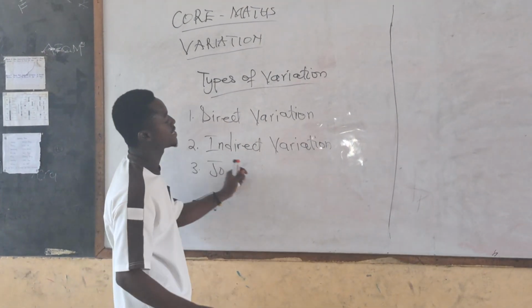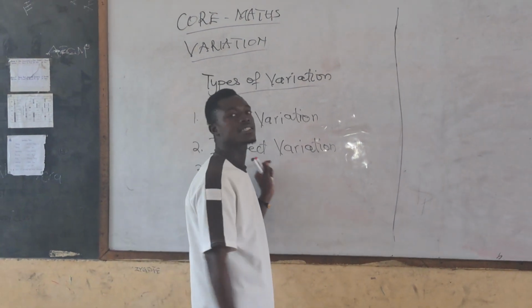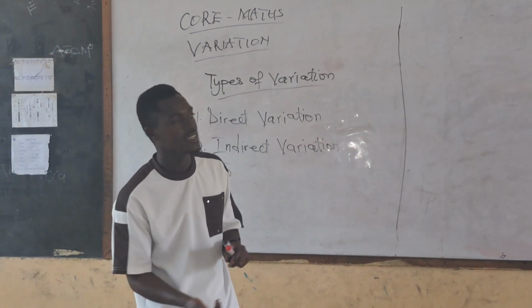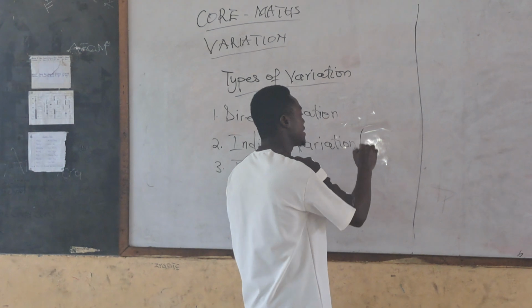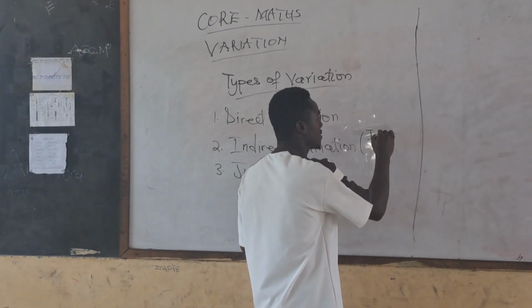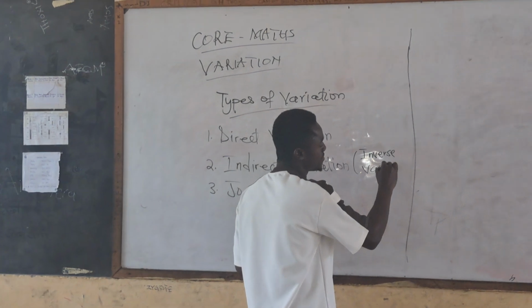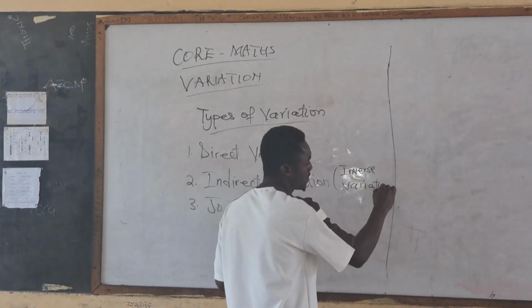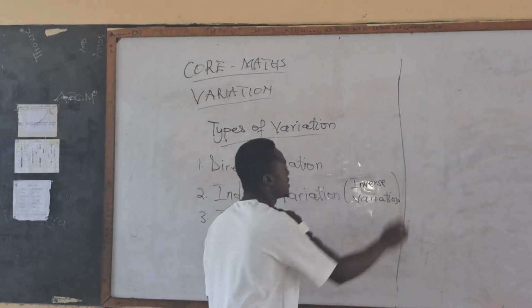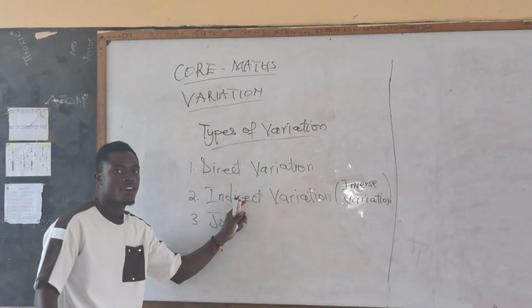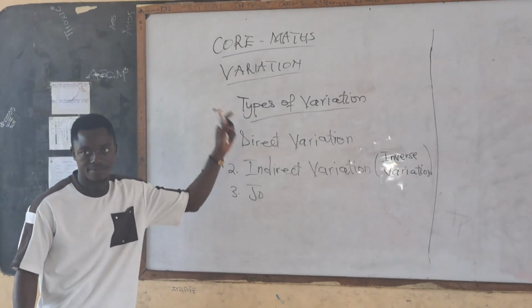For the indirect, some textbooks or some teachers may also write inverse variation, which is still the same. So whether you see inverse variation or indirect variation, they are the same.